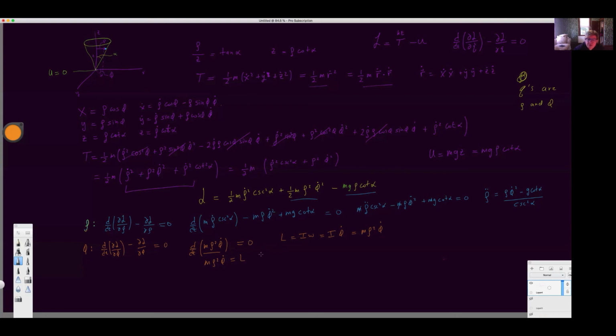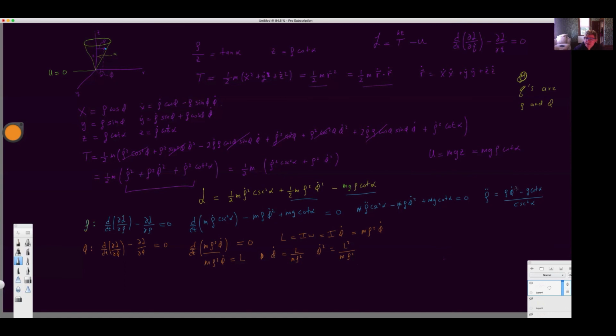So now you can see that you could replace your phi dot squared with L. In other words, I can write phi dot as L over m rho squared, and phi dot squared as L squared over m squared rho to the fourth.